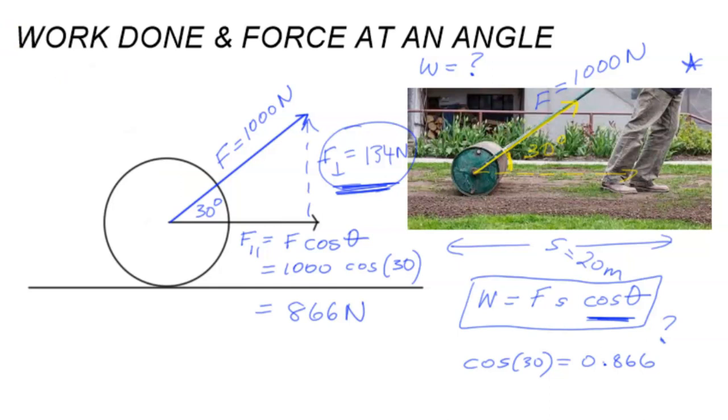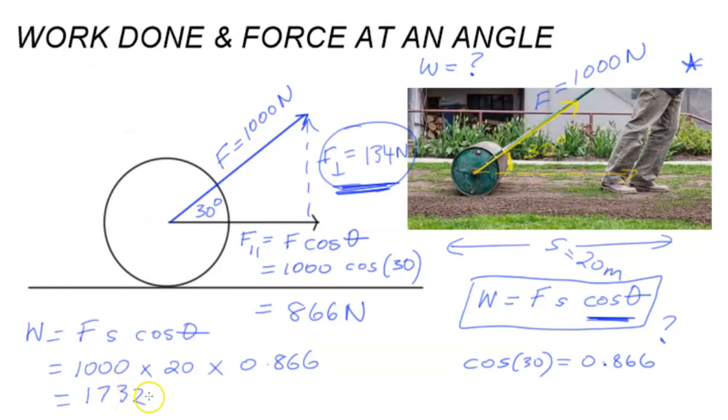Now, to calculate the work done, we use this equation: 1000 times 20 times cos theta, which we know is 0.866, which gives us about 17,321 newton meters, which is equivalent to joules, which is roughly 17.3 kilojoules of work done.